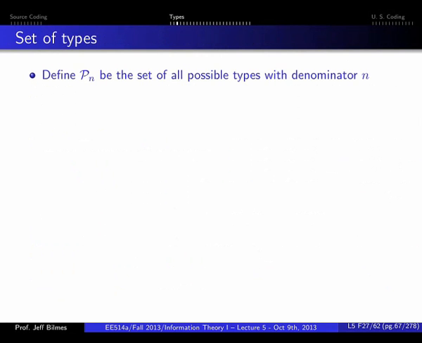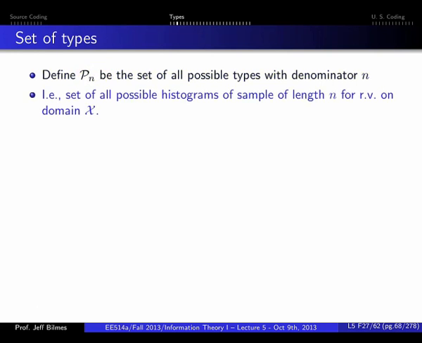Now, how many different types are there? Well, first of all, let's have a notation to represent the different types or the different histograms. Let's say that script P_n is the set of all possible types with a given denominator. So this is the set of all possible histograms that might arise in a sequence of length n for a D-ary alphabet. There's a couple of notations you could use.